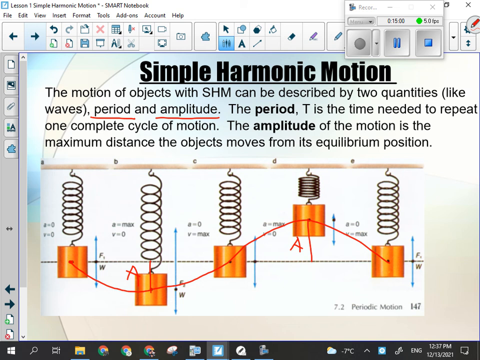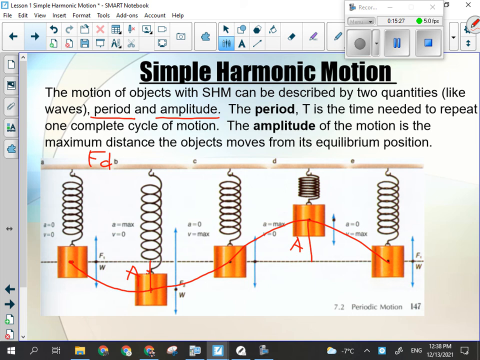Okay, why would this have something to do with energy? Right, it's got some kinetic and potential energy. The further I stretch the spring, okay, remember I'm increasing my force over a greater distance, okay? So I'm putting more elastic potential energy into this spring the further I go, okay?